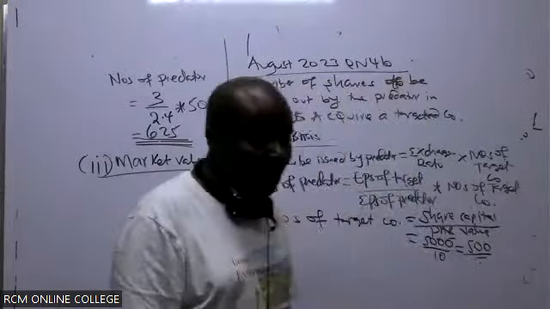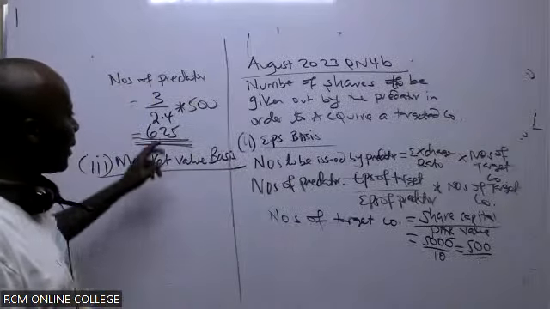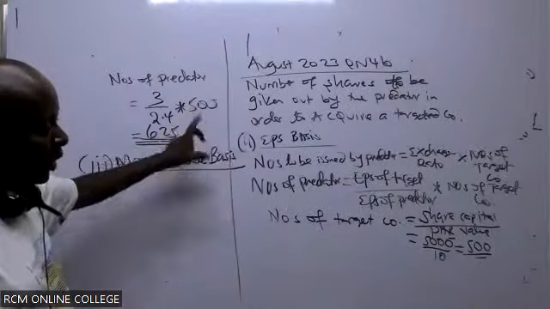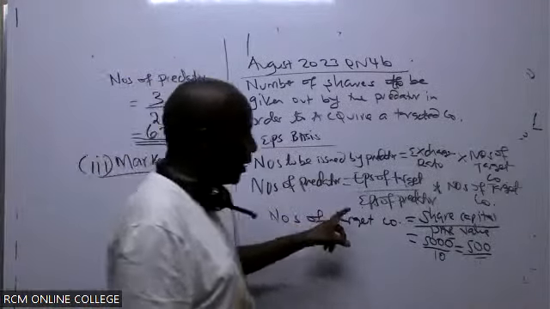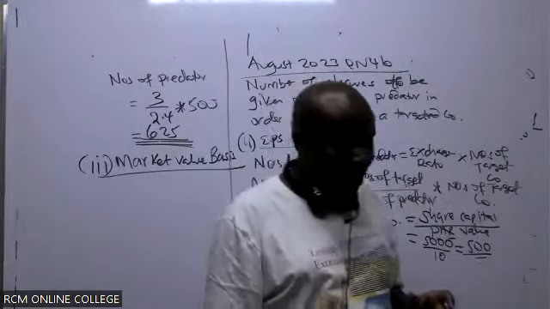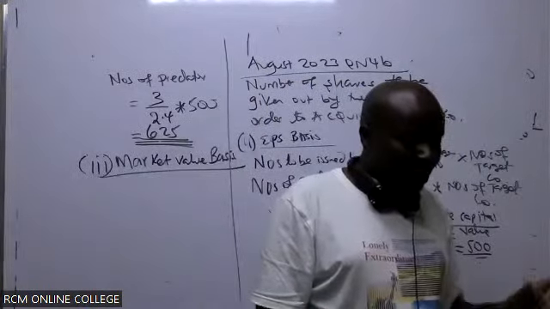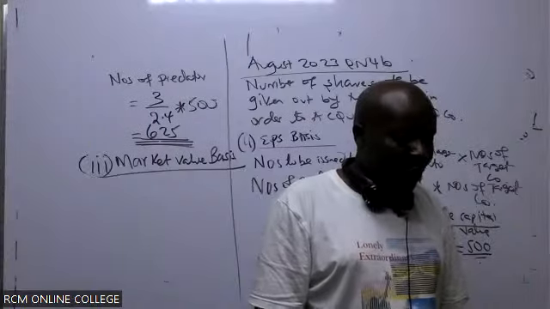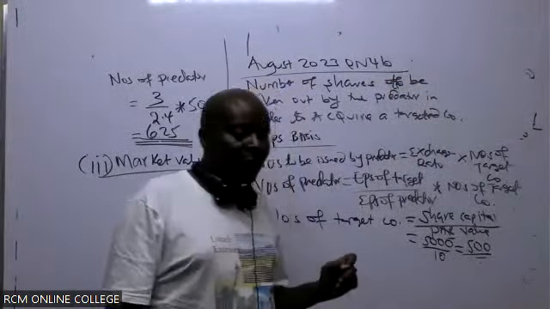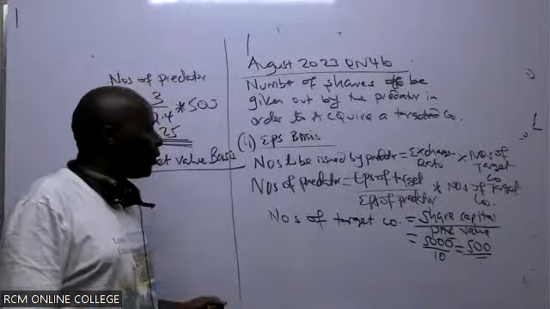That's how we got the exchange ratio of 3 and 2.4. And then we obtained this 500 by taking the number of shares of the target company, taking the share capital. If you look at the first table given, the balance sheet, the ordinary share capital of Bero is 5,000. We divide by the par value there, which is shillings 10. I hope that is helpful.